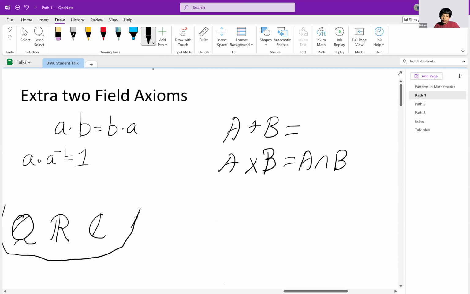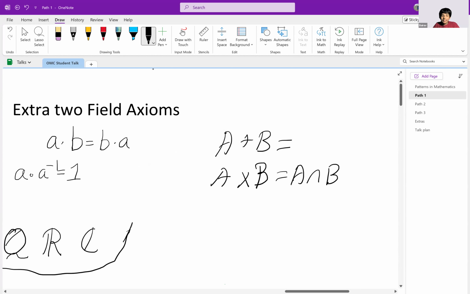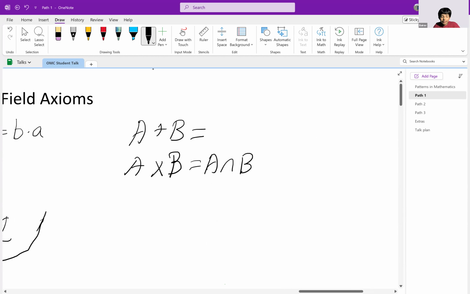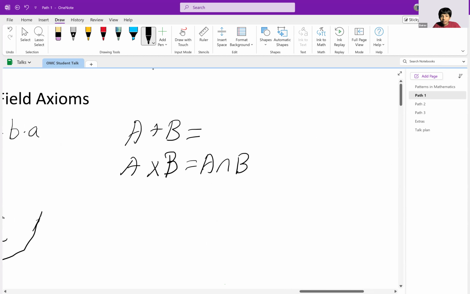So we have this one interesting thing. You can define addition and multiplication on arbitrary sets, which are all subsets of the same set.